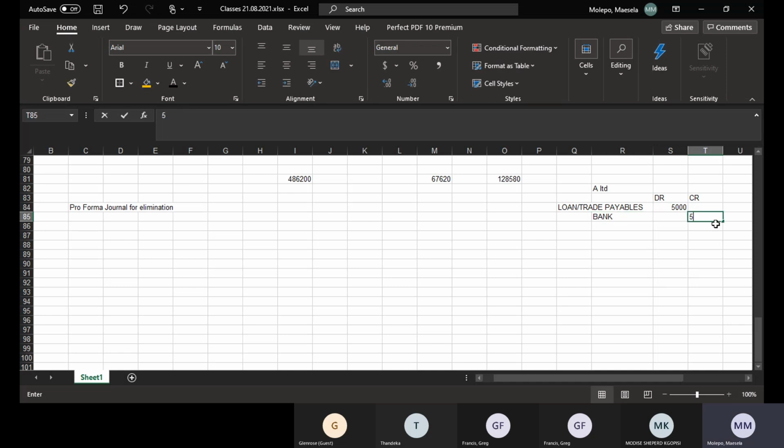And then in the books of B Limited, he will have a debit and a credit also.